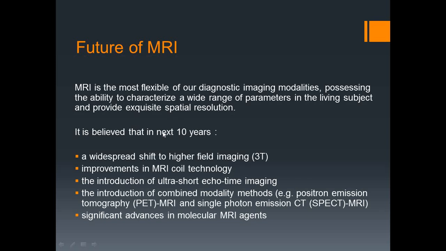So it is believed that in the next 10 years, MRI will be more advanced, with a widespread shift to higher field imaging, improvements in MRI coil technology, the introduction of ultra-short echo time imaging, and the introduction of combined modality methods like positron emission tomography PET MRI and single photon emission CT SPECT MRI. Also, significant advances in molecular MRI agents. So these are the expectations in the next 10 years for MRI.